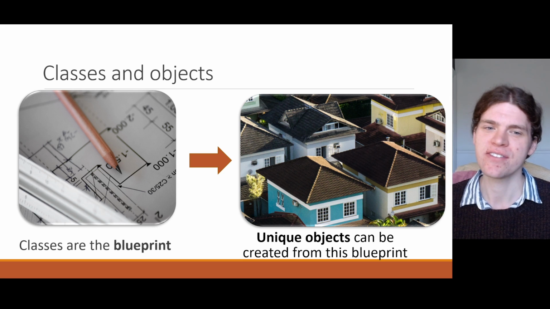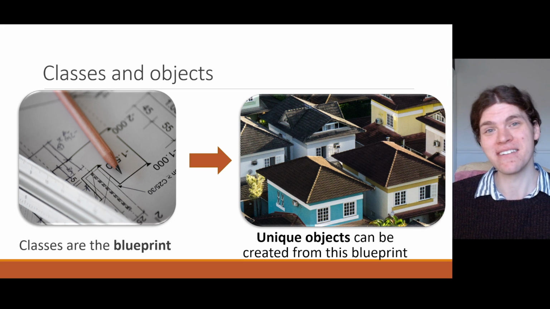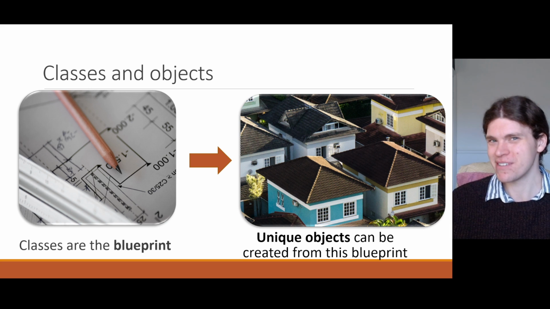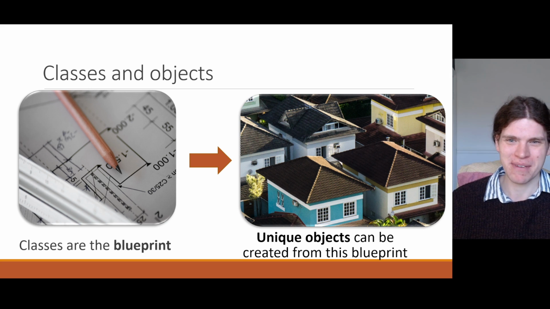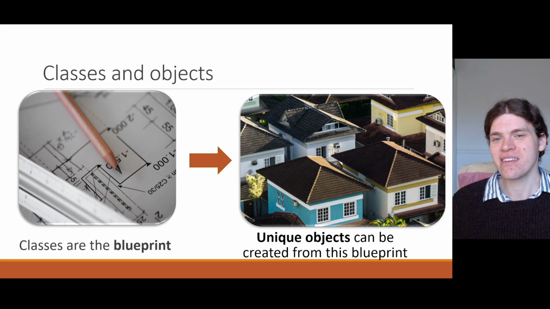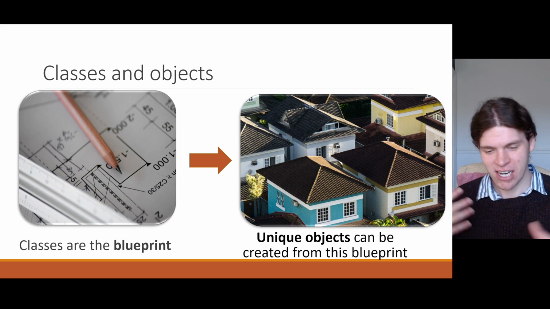So here's an illustration of that. We just talked about the student. Here's another example: houses, blueprints for house architecture. I thought that might be a useful illustration. On the left-hand side, we've got an image of a blueprint, like architects draw up.